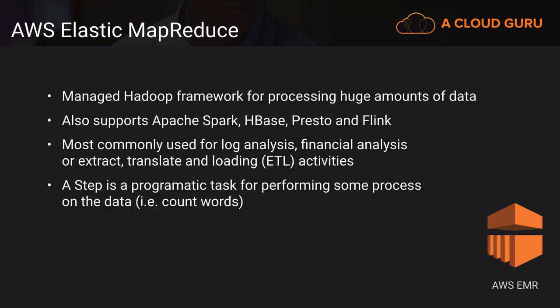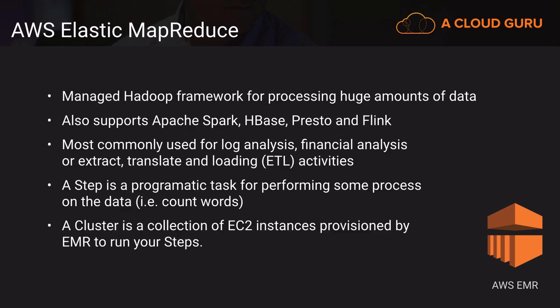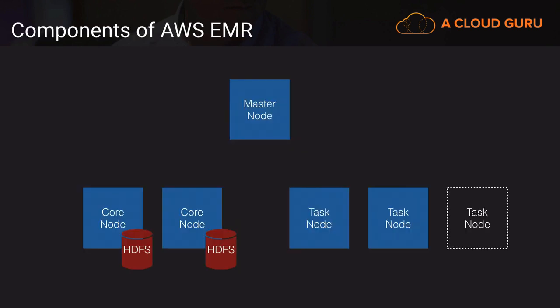Now in EMR terms, a step is a programmatic task that gets performed on the data. For example, maybe we have a step to count words in a certain document that got sent into EMR. A cluster is a collection of EC2 instances that have been provisioned by EMR to run your steps. And here's what it looks like.